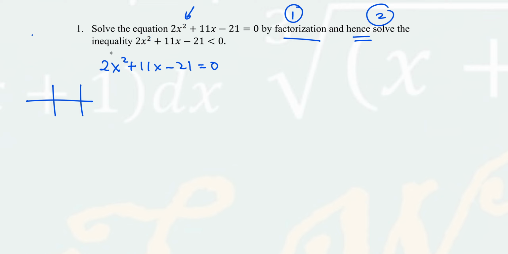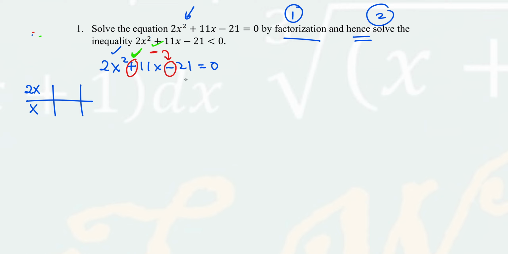Now, for your information, to get 2x squared, it is 2x times x. Both are positive. Then the next step is looking at these two signs. We know that plus times minus is going to be minus, so in our factorization later on, I should have plus and also minus.